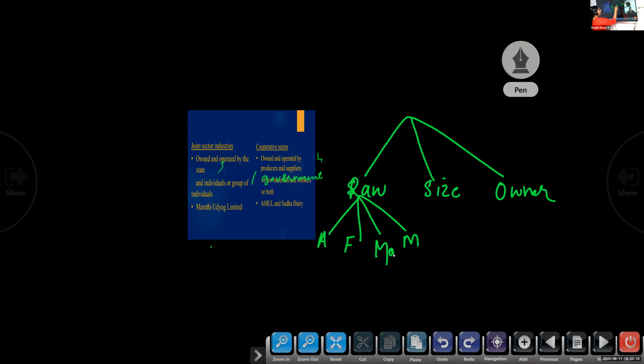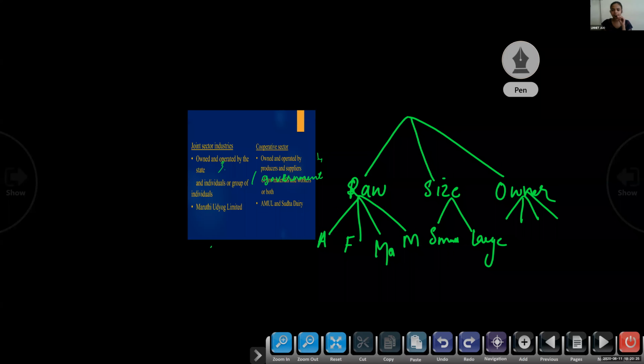On the basis of size, we have 2 classifications. What are they? Small scale and large scale. Then ownership, we have 4 classifications. What are they? Private sector, public sector, joint sector, and cooperative sector. I hope it's clear to all of you. Yes, ma'am.